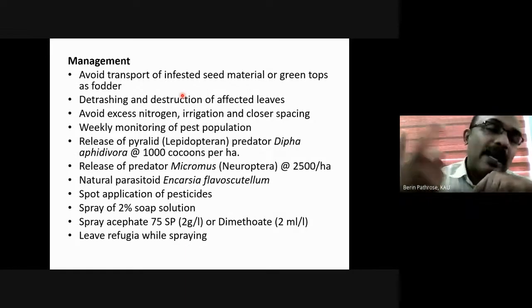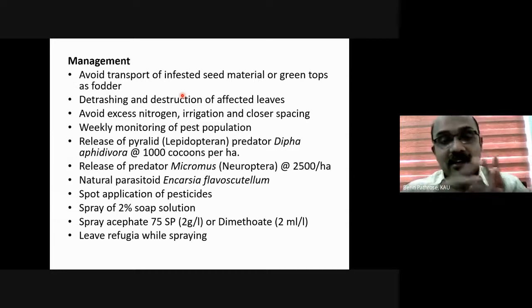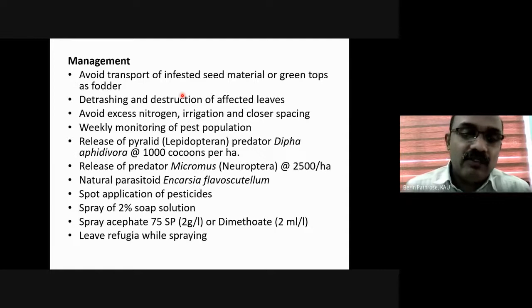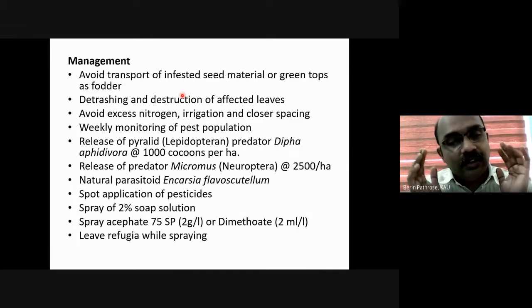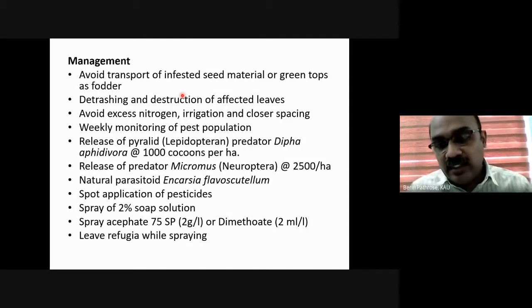Then there is one naturally occurring parasitoid, Encarsia flavoscutellum. It is not mass multiplied because mass multiplying Encarsia is slightly difficult. It is a naturally occurring parasitoid of sugarcane woolly aphid. We can release Diaphaenia and Micromus, or they are present naturally in the field.